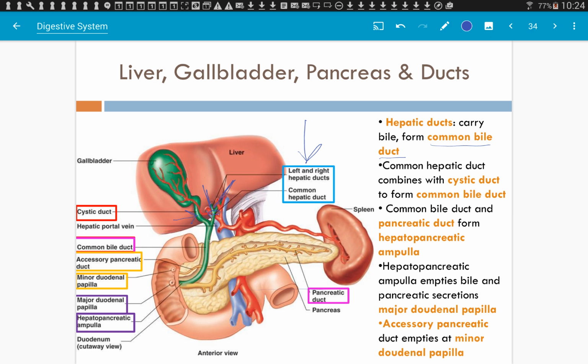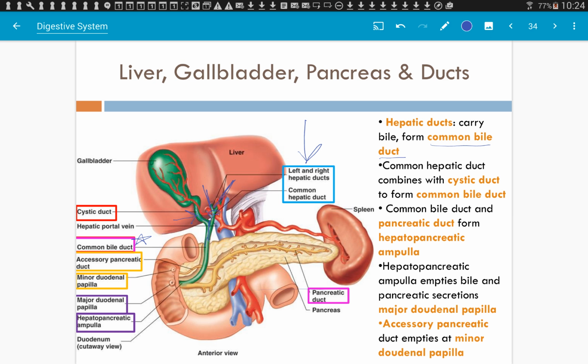So the cystic duct and the common hepatic duct join together to form your common bile duct. Yeah, you do need to know that, okay? So the common bile duct is what's carrying the bile to where it's going to enter the duodenum, okay?